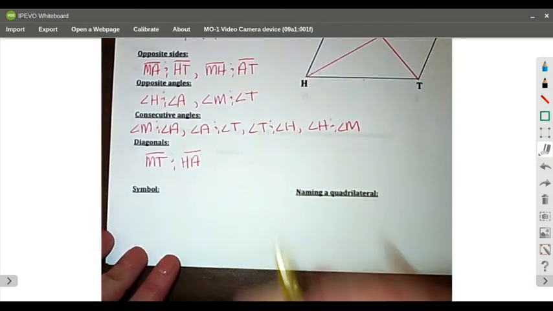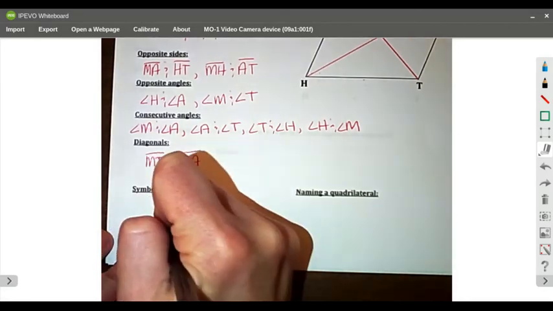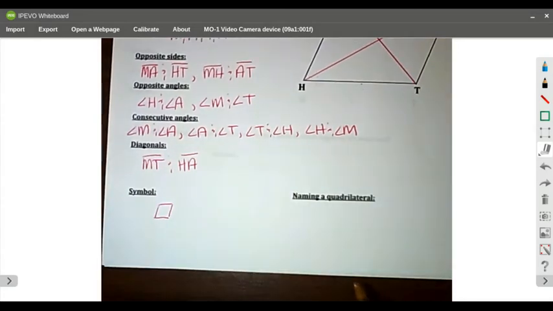There is a symbol for parallelogram. This is the symbol for parallelogram. It's just like a mini little parallelogram. This is the only one that has a symbol.